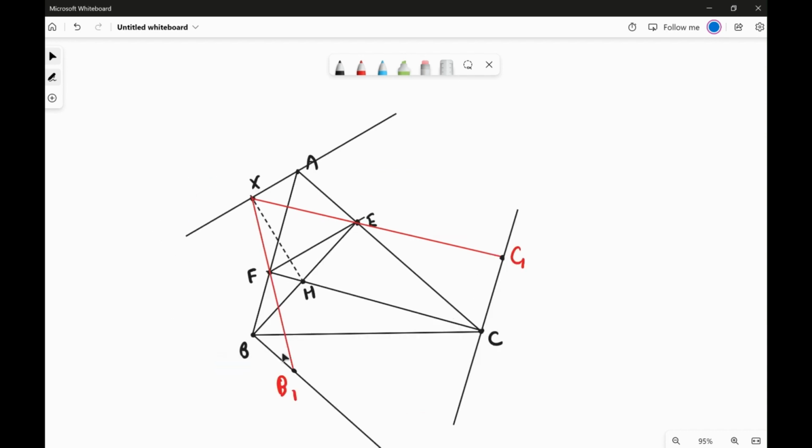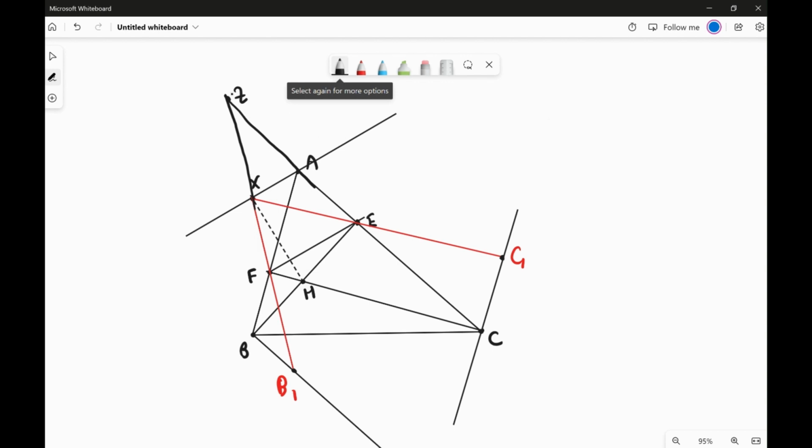So let's try looking for non-trivial applications. We could try relating something to this angle here, so might as well. Let's go ahead and extend this to meet the line AC at a point called Z. Because we want to use the fact that this line is parallel to this line here. But at this point, we might say something even stronger.